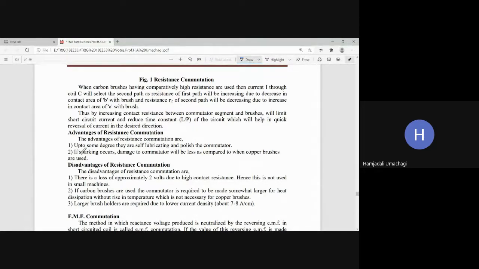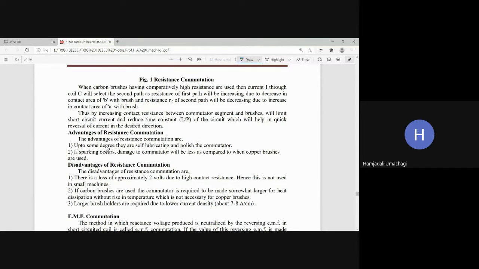Second one is, if sparking occurs, damage to the commutator will be less as compared to when copper brushes are used. So by chance, if there is any spark even after using carbon brush, that spark is not having that much intensity in comparison with the copper brush. So damage to the commutator will be very less if I use brushes made of carbon.